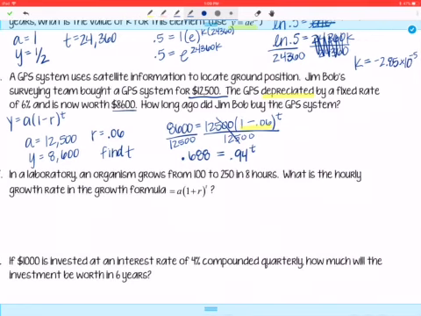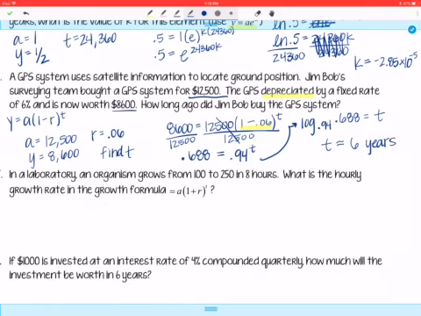Same thing, if I were to rewrite that, you would have log base 0.94 of 0.688 equals t. Type that into your calculator: log of 0.688 divided by log of 0.94. I'm coming out with that that's about 6 years.